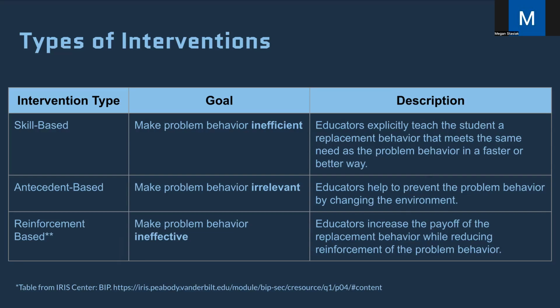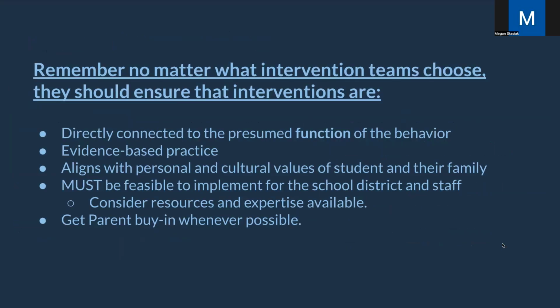And of course, when we're considering interventions, always consider what a student can and cannot do. Even if there is a performance deficit, we will likely need to provide some sort of teaching or review of those desired skills to our goal. And also, we want to make sure that our interventions are directly connected to that function, evidence-based practice.